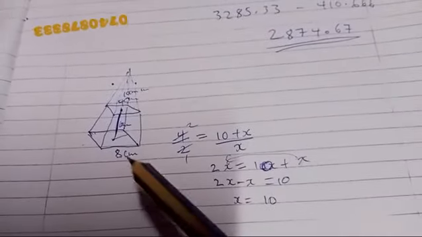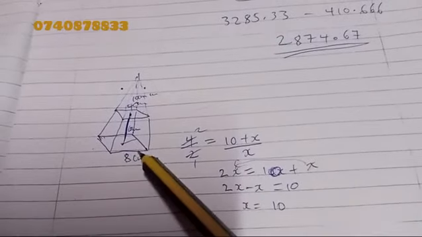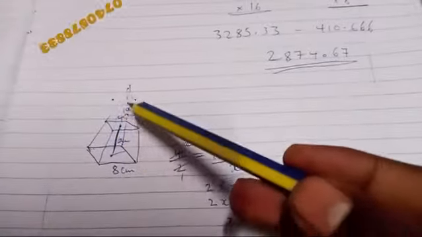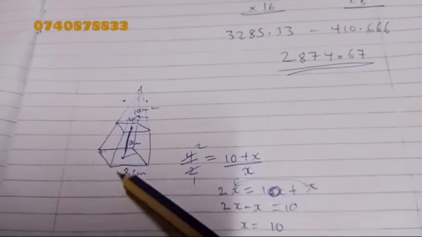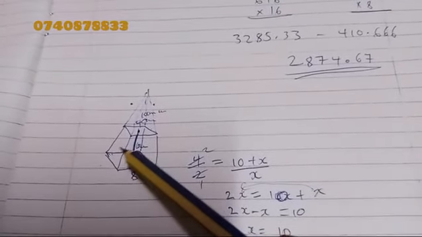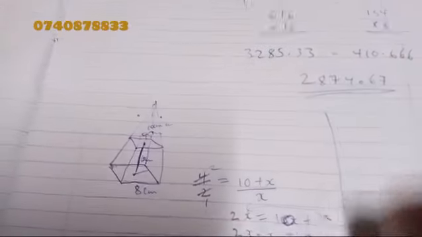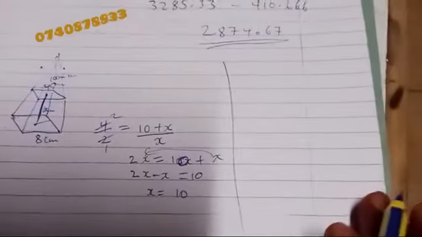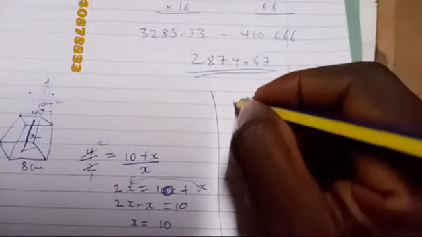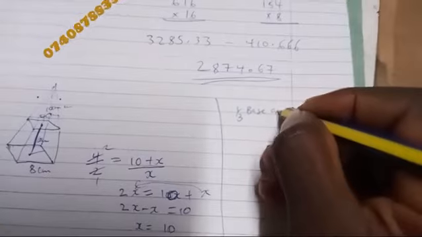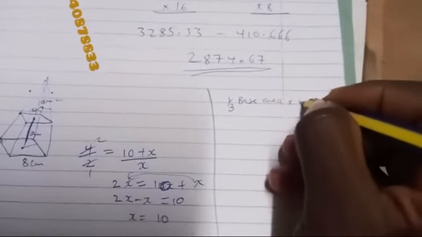Now that you have the height, the full height will be 20. It is 10 plus 10. Then we have the bottom, the area of the bottom, which is 8 times 8, which is 64. But we said how to get the volume of a cone. It is a third times the base area times the height.